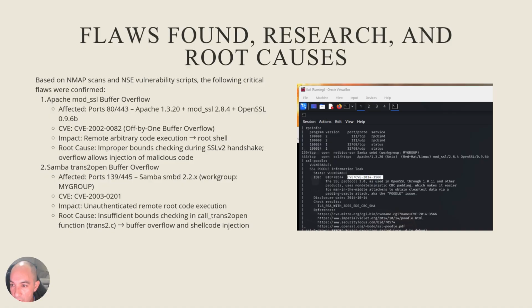Flaws found, research, and root cause. Based on the Nmap scan and Nmap vulnerability scripts, the following critical flaws were confirmed: number one is in Apache and the second is Samba. In this picture, in number one, you can see this is the padding oracle on downgraded legacy encryption, which is the product.